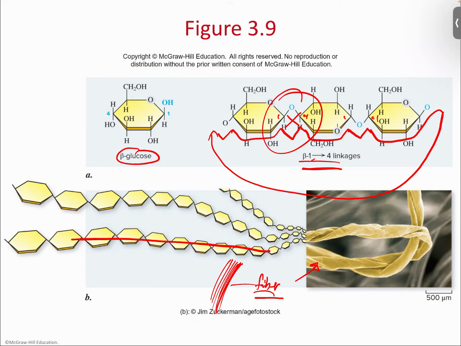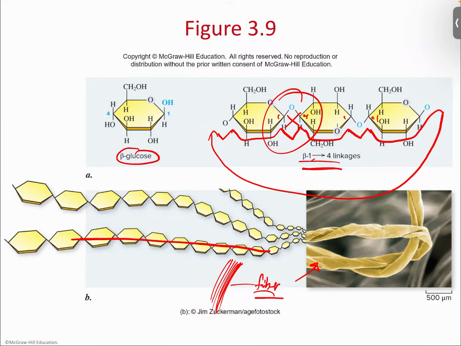It kind of fits the fingers, but the thumb would have nowhere to go, right? That's enough to say, no, this is not it, right? Just having that mismatch in that pocket is enough to say, listen, we can't do anything with this, which is the reason why you can't digest cellulose and why it passes on through.